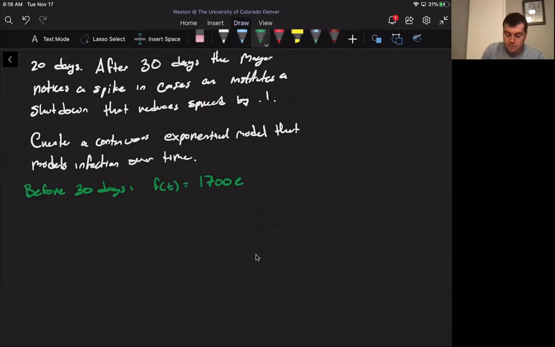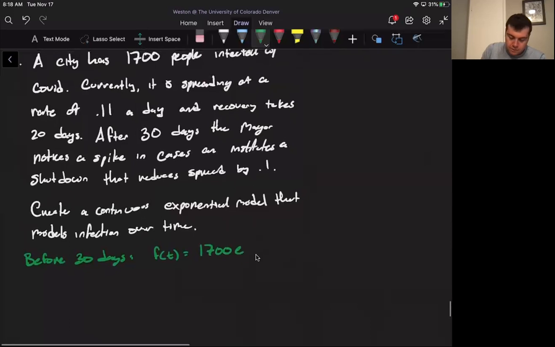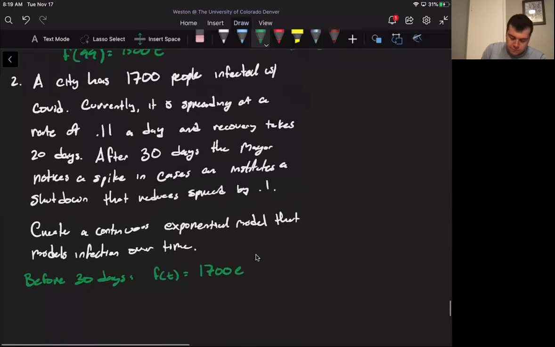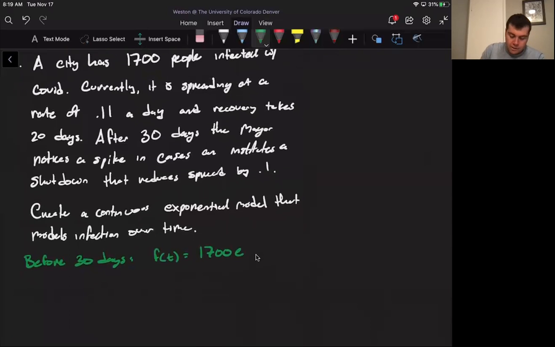E. Then we have 1,700 e. We need our rate of people becoming infected. So that's 0.11. And now we need our rate of people healing.